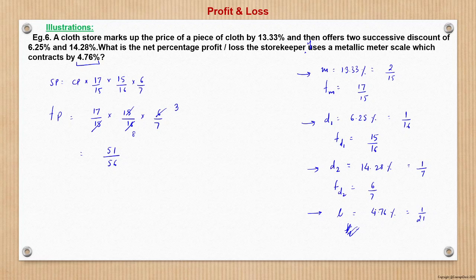To read this, we have to look at it like there's a scale of length 21 meters. It contracts to 20 meters. Length is 21. Now it contracts to 20 meter length. So customer will be paying for what? 21 meters, because he knows that it is a scale of length 21 meters. However, the shopkeeper will be actually giving a cloth of length only 20 meters, right?